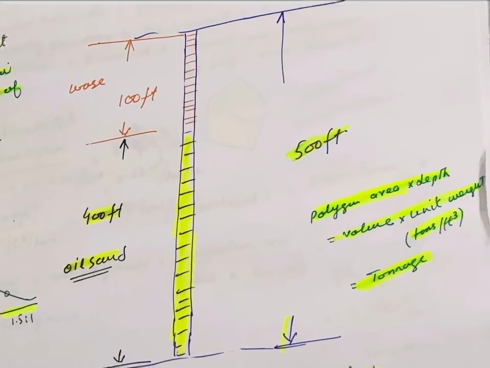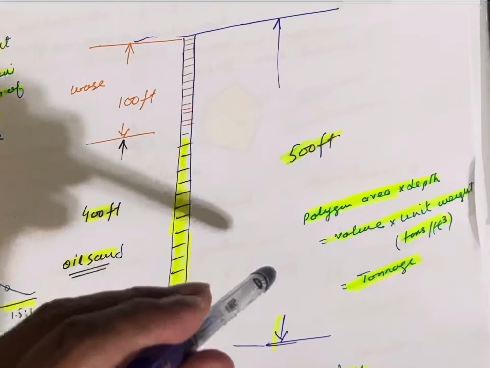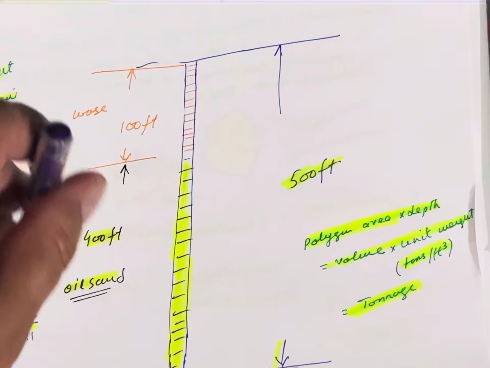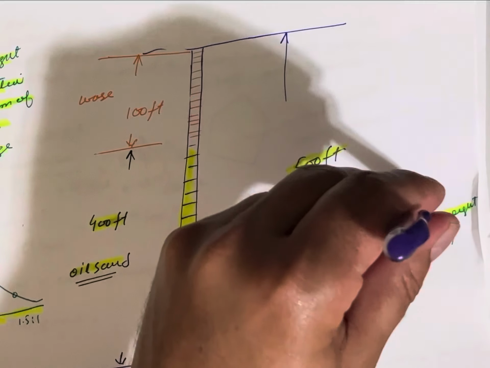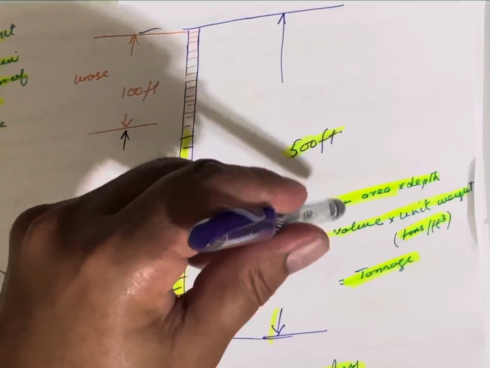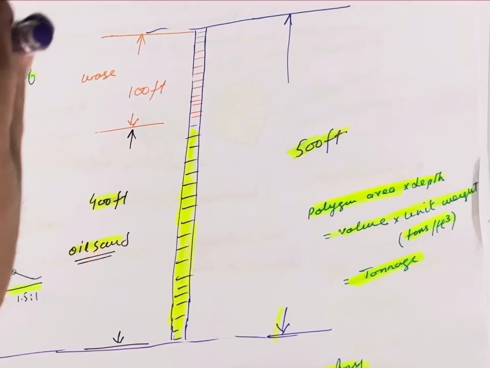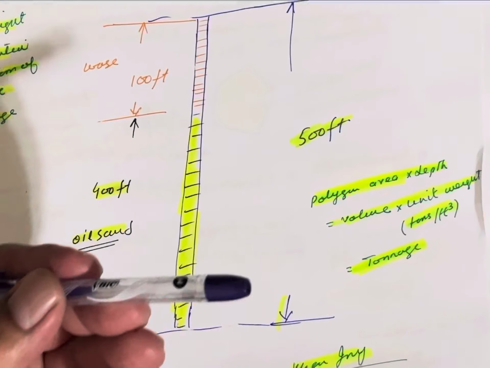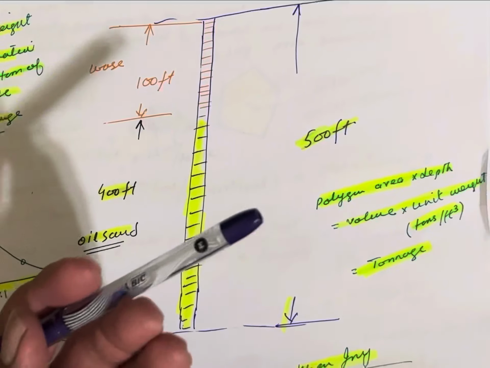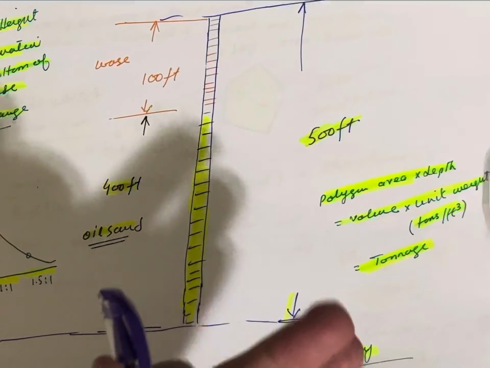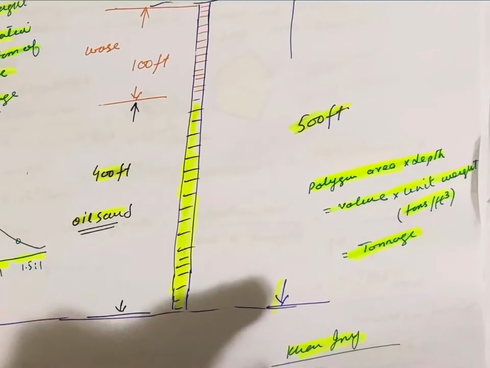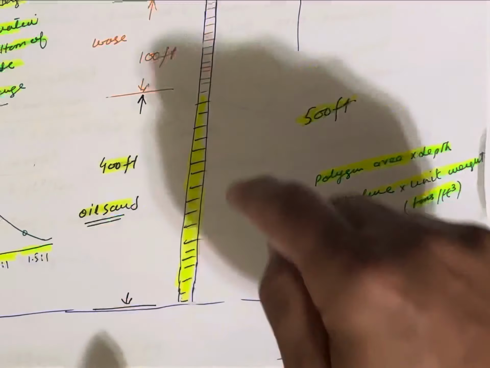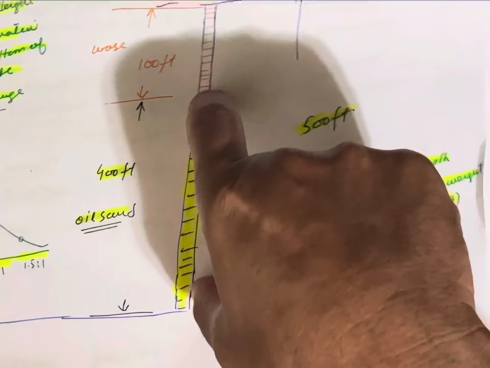And for the bench, we then have to calculate the bench. In the polygon area, when you calculate the area around each hole in the polygon and multiply by the depth, it gives you the volume, and then multiply by the unit weight, tons per feet cube, or tonnage. Then this will give you the whole tonnage of the waste and the ore.